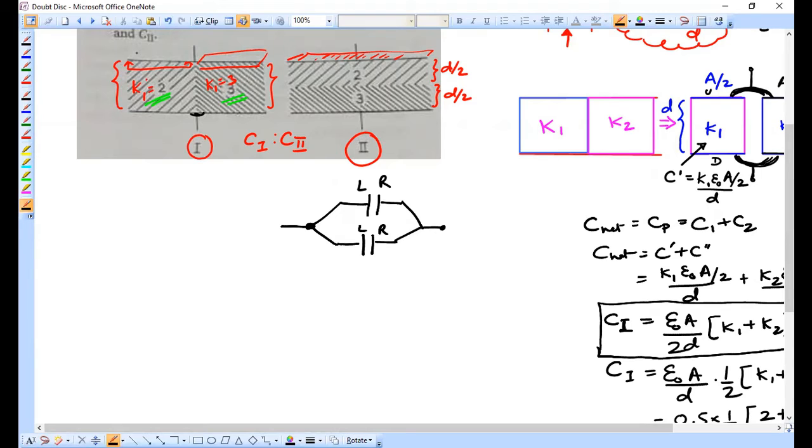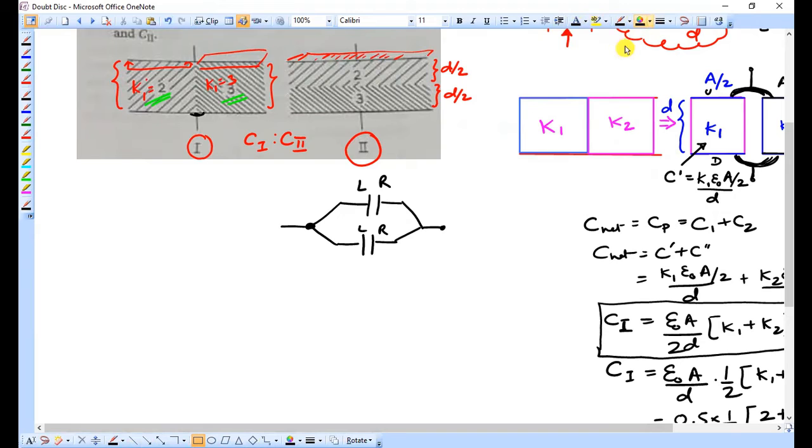Now in the second orientation that we have been given, the dielectric does not occupy the entire distance between the two plates. This distance has not been occupied completely by the dielectric, but it occupies just half of the distance.